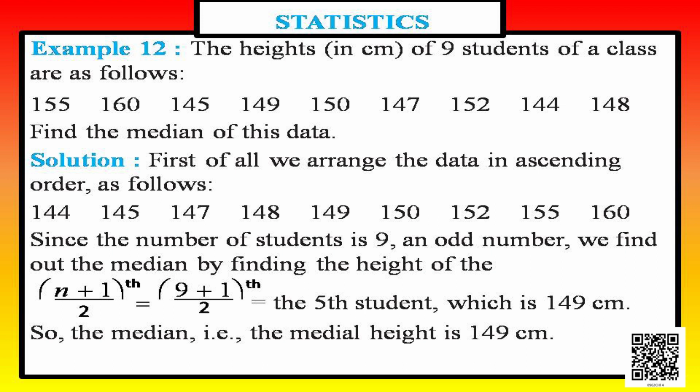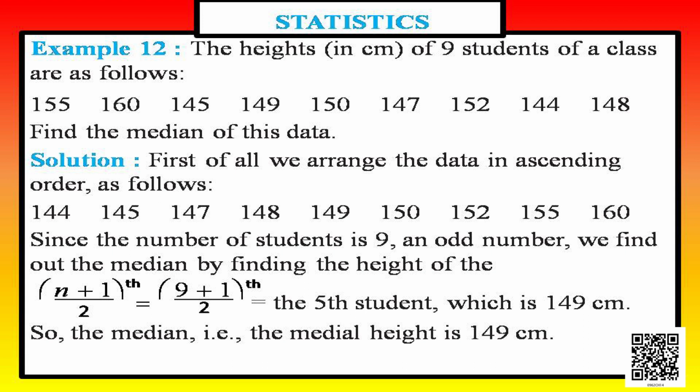To find the median, first of all, we will have to arrange the data in ascending order. After arranging them, it is 144 first, then 145, 147, 148, 149, 150, 152, 155 and the last one is 160.